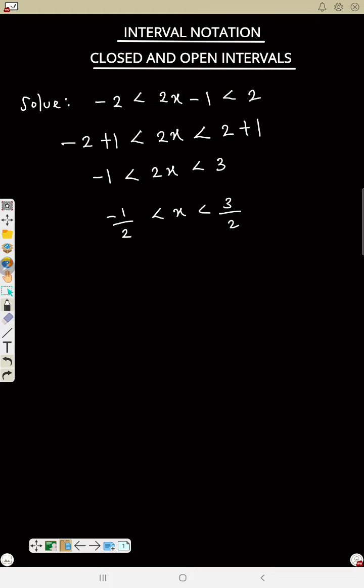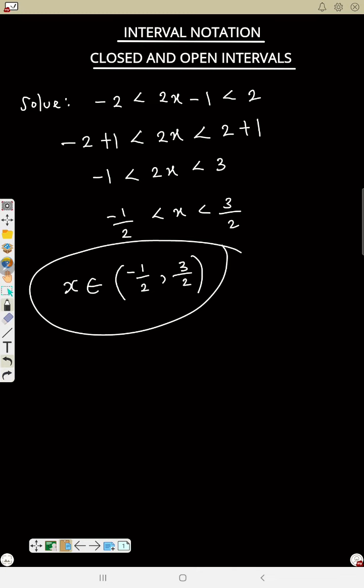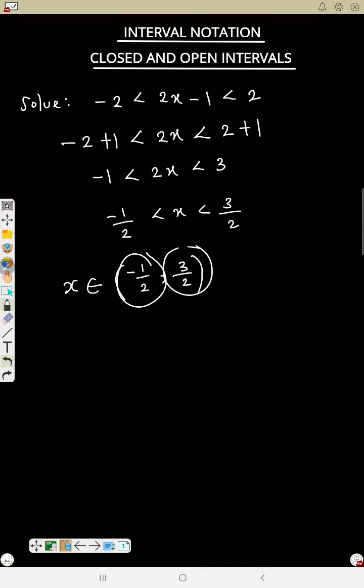Based on the definition I gave you of an open interval, x is a member of, then you use this bracket. Anytime you have open, use this bracket: minus 1 over 2 comma 3 over 2, then close it. That means this result is represented in interval notation. So it's open at both ends, meaning this one is not included, and this one is also not included.